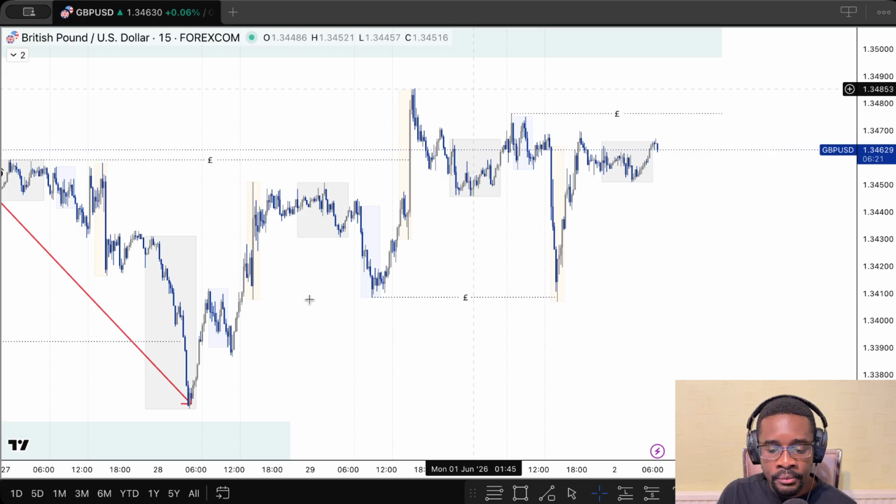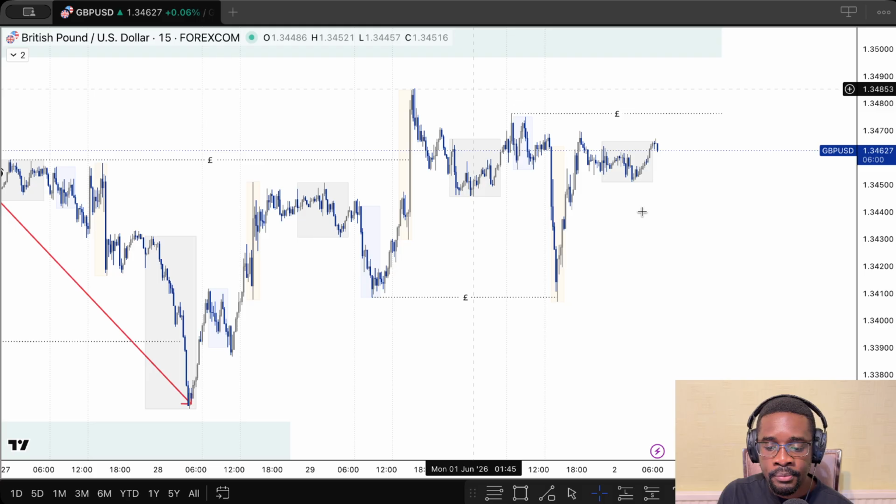It did come down, broke this structure, broke this area, which was more of a sweep, and then pushed back up. So we don't know now whether price wants to continue to take out this high, or this is coming up to take orders and then continue bearish again. As of now we don't know.